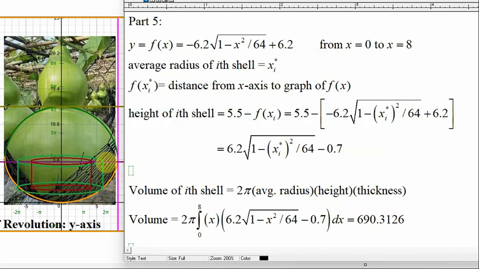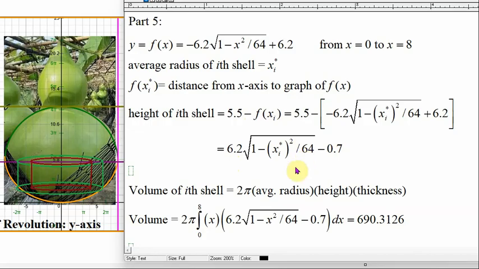Right here, this is x sub i star. So f of x sub i star is the distance from the x-axis to the graph, and therefore the height will be 5.5 minus f of x sub i star, and we end up with this.